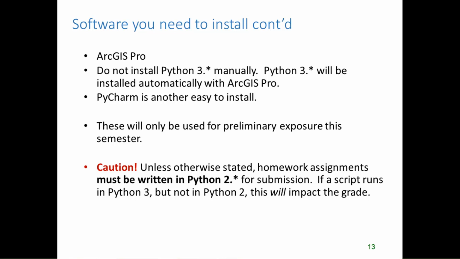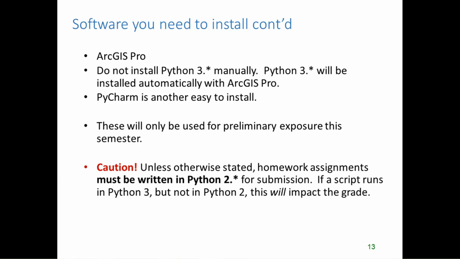For the program in which you run your code, the IDE, the course examples will use Python Win. If you want to use an IDE other than Python Win as your primary IDE, this is acceptable so long as you have it set up to test your code in Python 2.